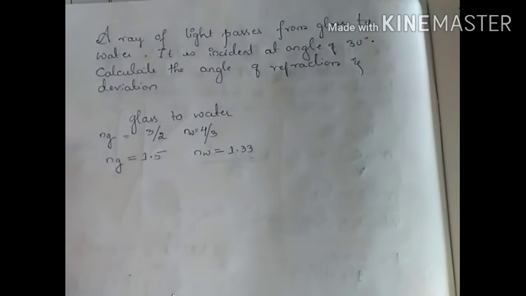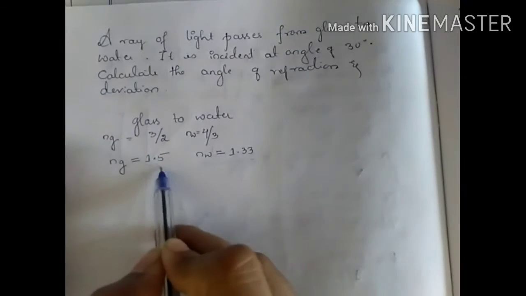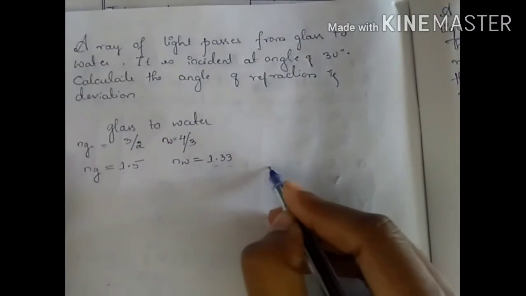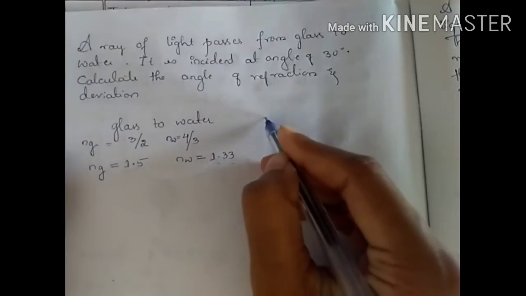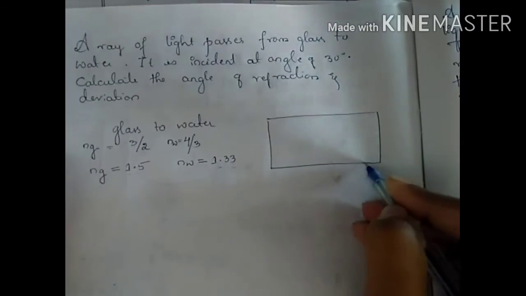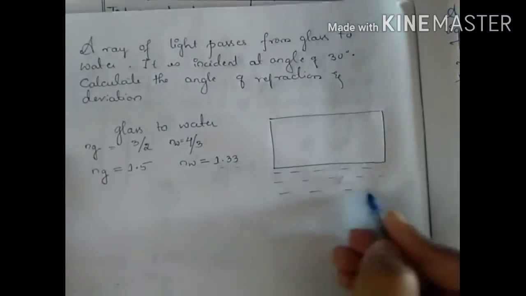So in this case, light is traveling from the denser medium to the rarer medium. Let us draw the diagram. Suppose this is the glass and here is the water.